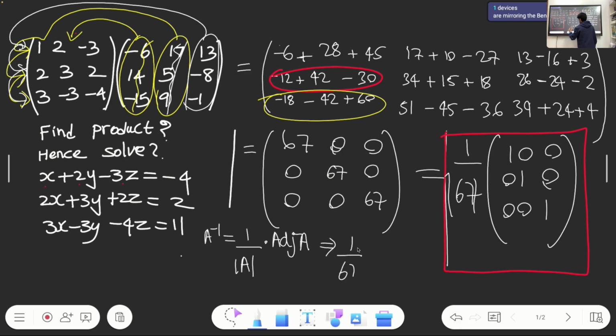Where is adjoint? Here. That is A inverse. Sorry, I'm explaining it in the wrong way. 1 by 67, adjoint A is not required.